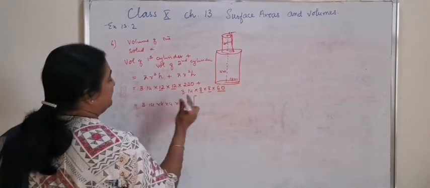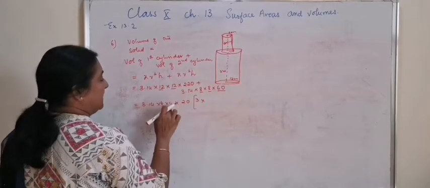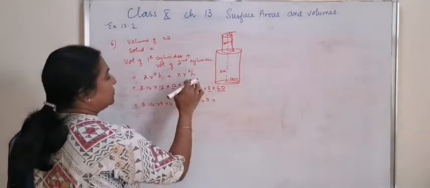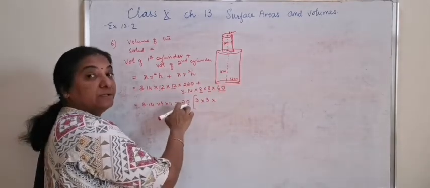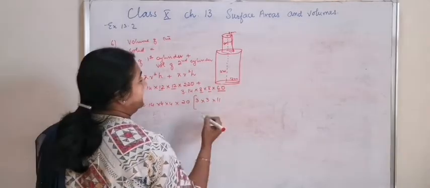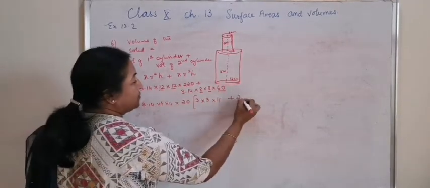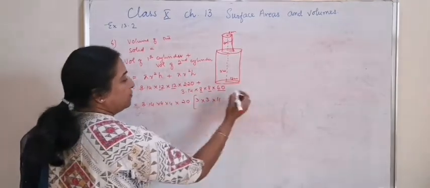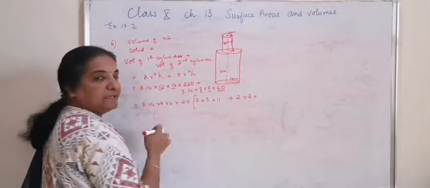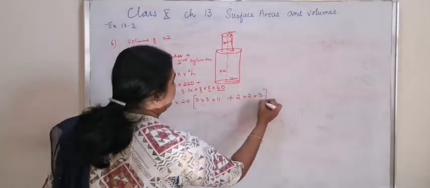Now 12 divided by 4 is 3. 12 divided by 4 is 3. 220 divided by 20 is 11, plus 8 divided by 4 is 2. 8 divided by 4 is 2. 60 divided by 20 is 3.